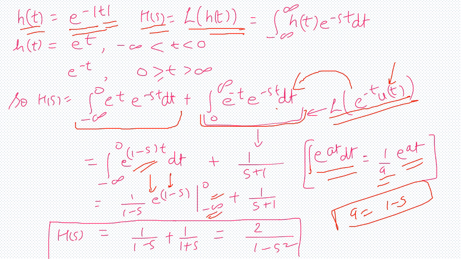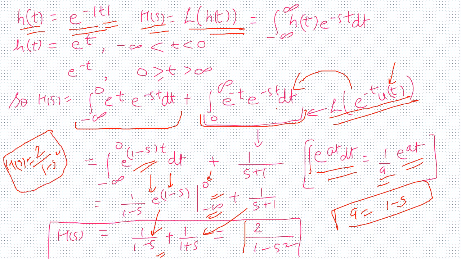When you put the limits, minus infinity will give you 0, and 0 will give you e power 0, which is 1. So you are left with 1 over 1 minus s. And 1 over 1 plus s is already there, so we take the LCM and we get h of s as 2 over 1 minus s square. So the final result is h of s is equal to 2 over 1 minus s square.